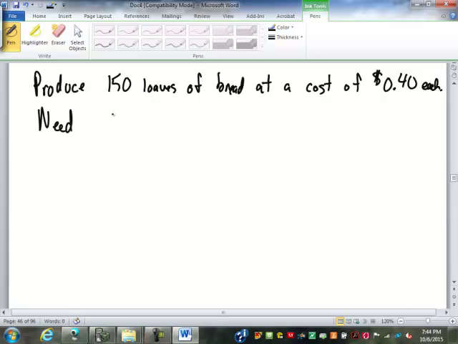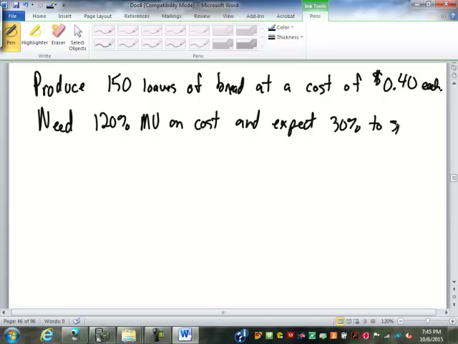If you need 120% markup on cost and expect 30% to spoil, find that required selling price.